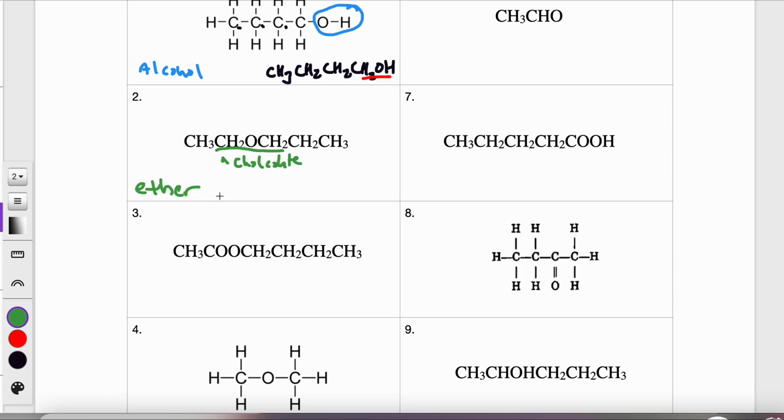What I need to circle though, for the answer, like if I have to circle it in the question, so here, if I go up, I have carbon chain, I have my oxygen bridge, and then I have a second carbon chain.